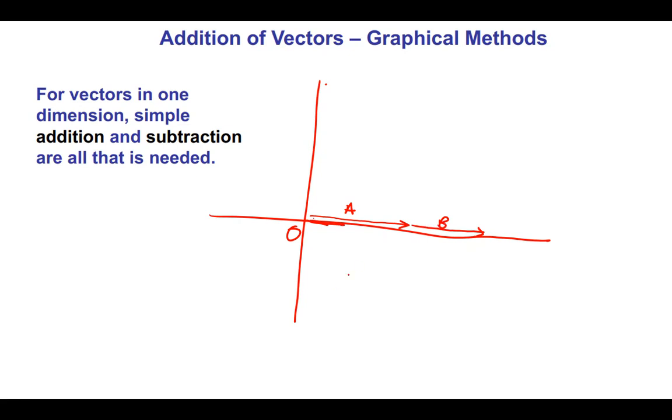So adding these two vectors, you just say A plus B. And if the magnitude of A is 20 and the magnitude of B is 30, the answer will just be 20 plus 30. As long as it's just in one dimension, you just do it directly.